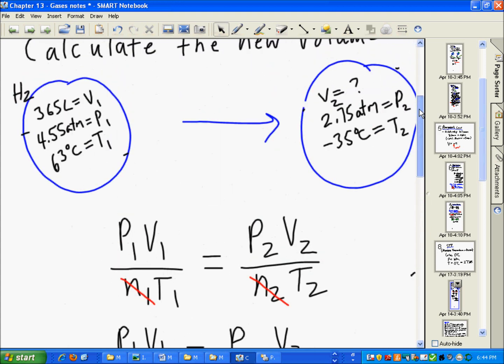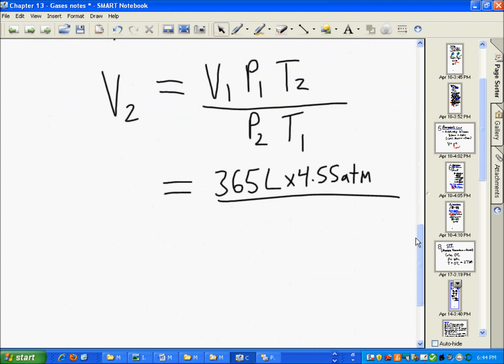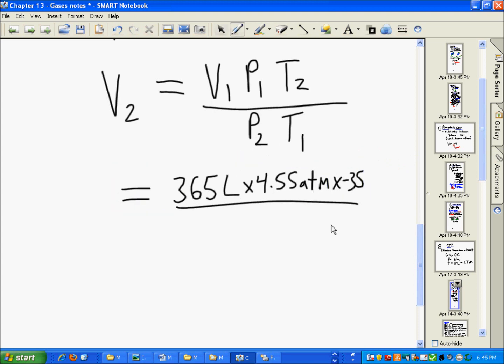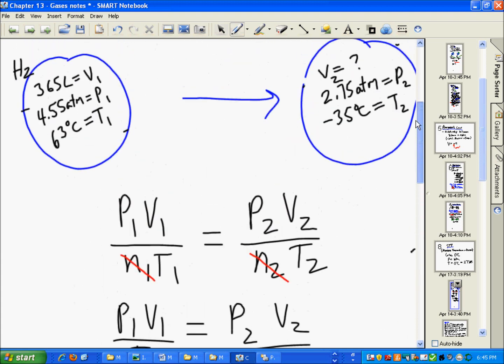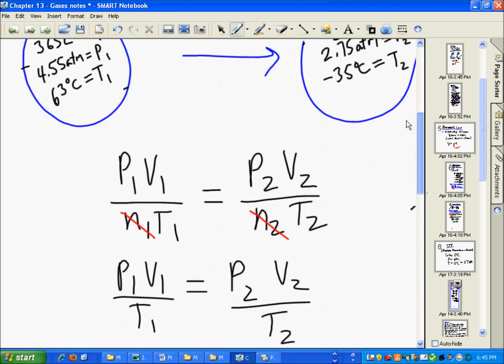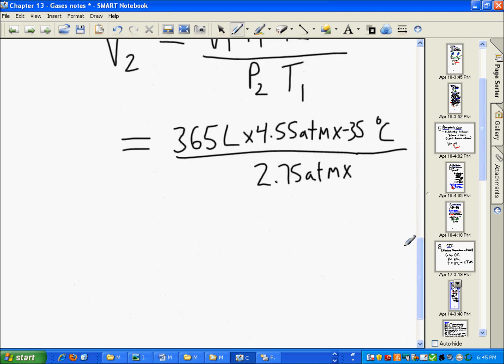So it's T2 on top, which is minus 35 degrees Celsius. And P2 is 2.75 atm. And it was 63 degrees Celsius.